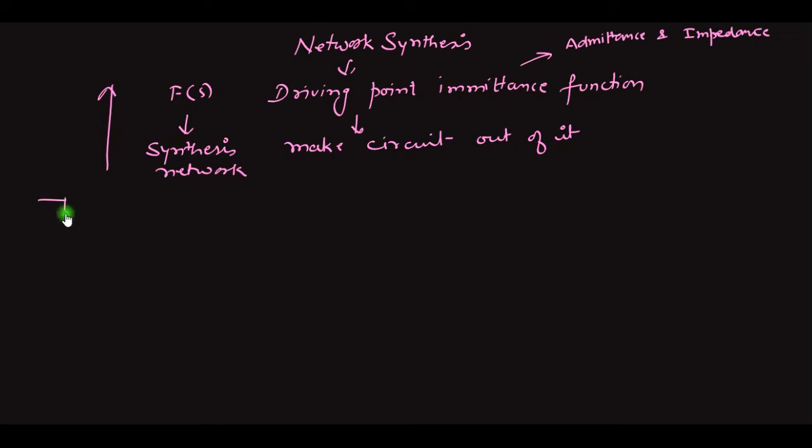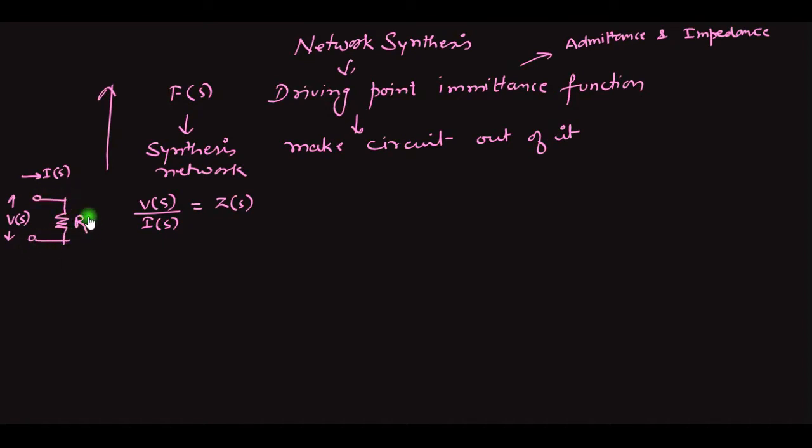Suppose I have a resistive network which is a single resistance R, and say the applied voltage is Vs and it is causing a current of Is. As it is a single port network, the network function will be Vs divided by Is, which is nothing but Zs, the impedance of the network.